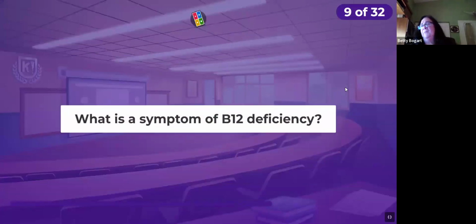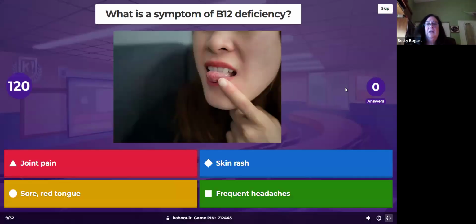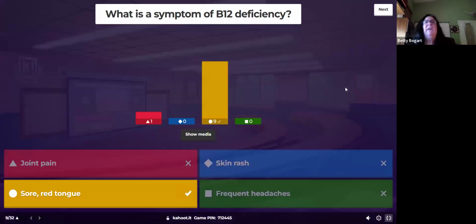So, what is a symptom of B12 deficiency? We know what we need to do to treat it is to give B12 injections or increase the food that has B12 in it, right? It is a beefy red or sore red tongue.